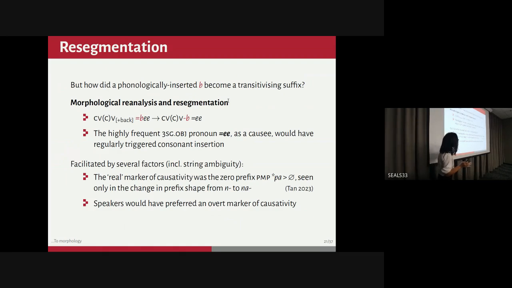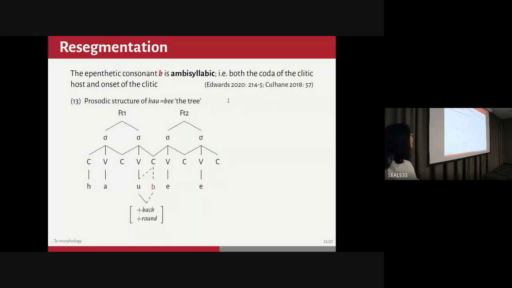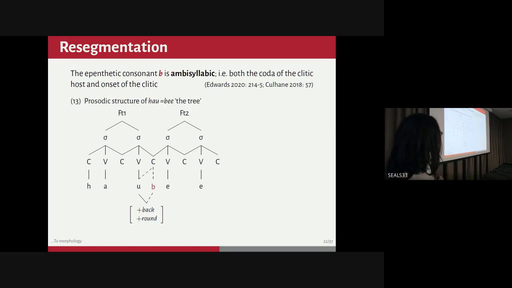And so the idea is that speakers would probably have preferred an overt marker of causativity, and what surfaces in these constructions? Oh, it's the epenthetic consonant. That's the difference that we see. So this would have been facilitated by the fact that synchronically speaking, this b is actually ambisyllabic. So it's both the coda of the clitic host and the onset of the clitic itself. It's difficult to tell if it's the onset or the coda.